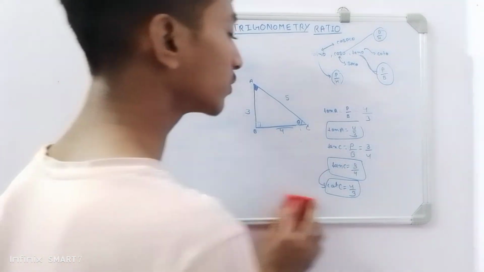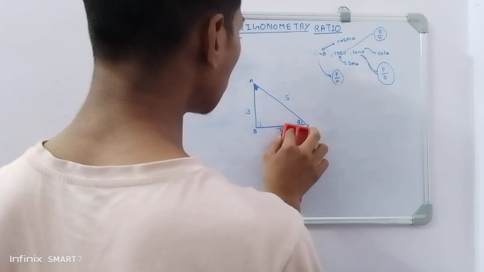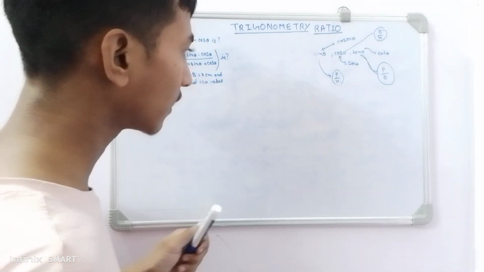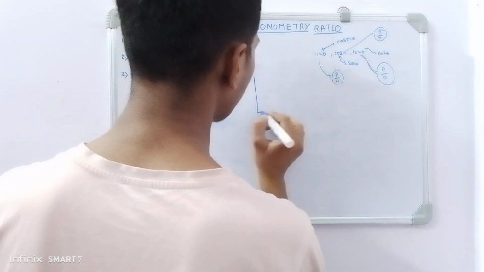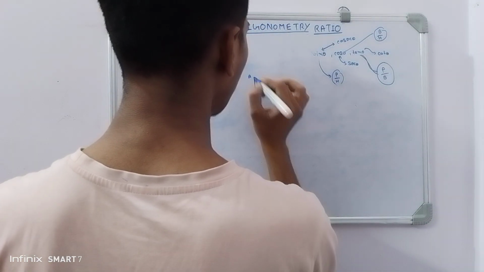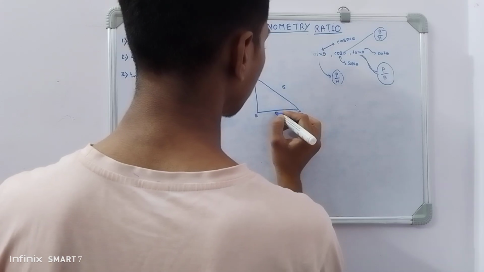Now I want to move on to something more interesting. So let's suppose we have a triangle again. Let's suppose we have a triangle, named A, B, and then C, and this is 5 and this is 4.